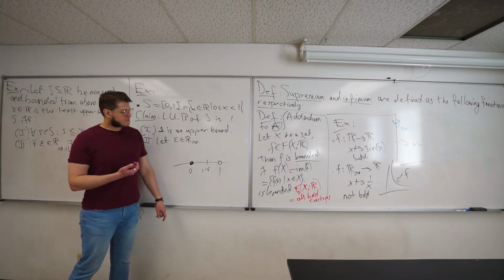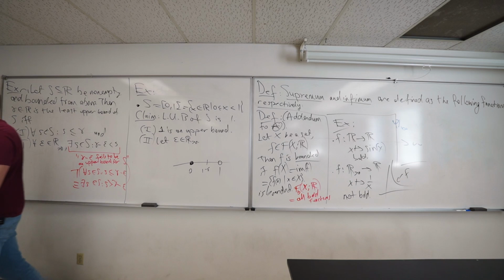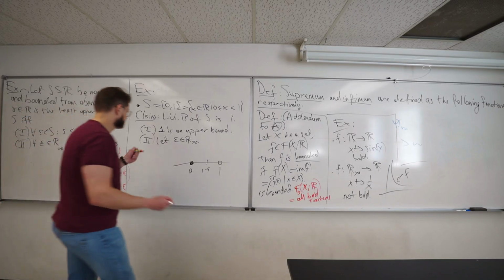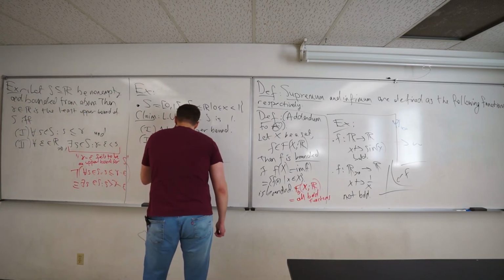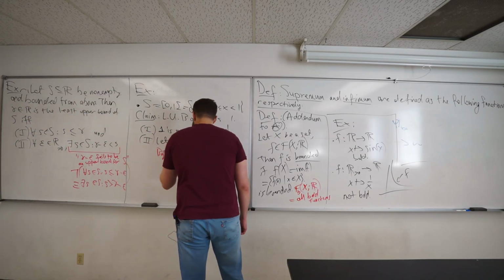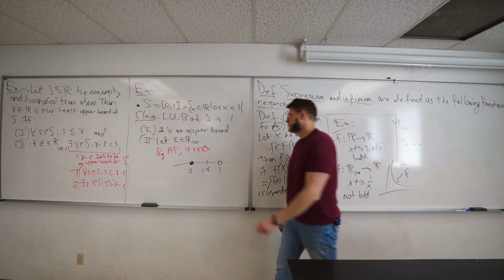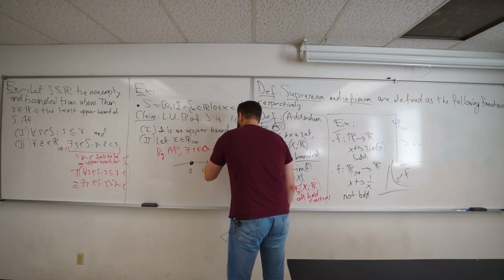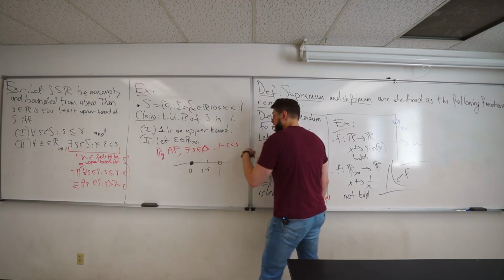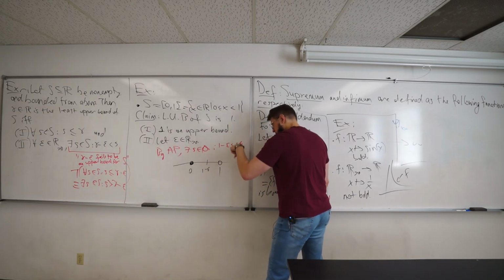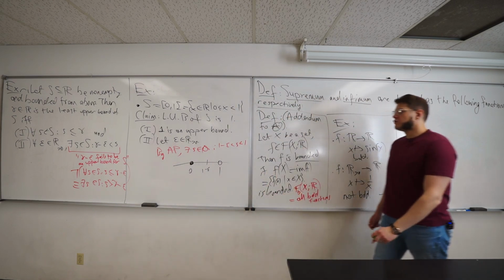So what your colleague suggests is I can use this axiom called the Archimedean property. This was one of the 4 axioms I stated. It says, given any 2 real numbers, there's an integer between them, strictly between them. By AP, Archimedean property, there is an s, in fact a rational number, such that 1 minus epsilon is strictly less than s, which in turn is strictly less than 1.